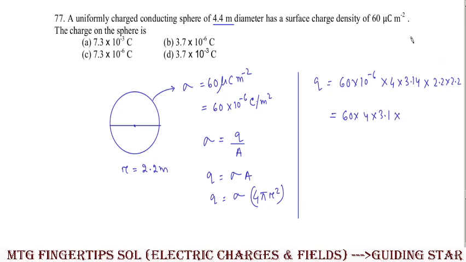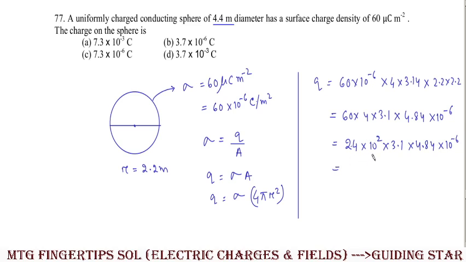We know that 22 square is 484, so 2.2 square is 4.84 approximately, into 10 to the power minus 6. 60 into 4 is 240, so it will be 2.4 into 10 to the power 2, into 3.1, into 4.84, into 10 to the power minus 6, so 10 to the power minus 4.